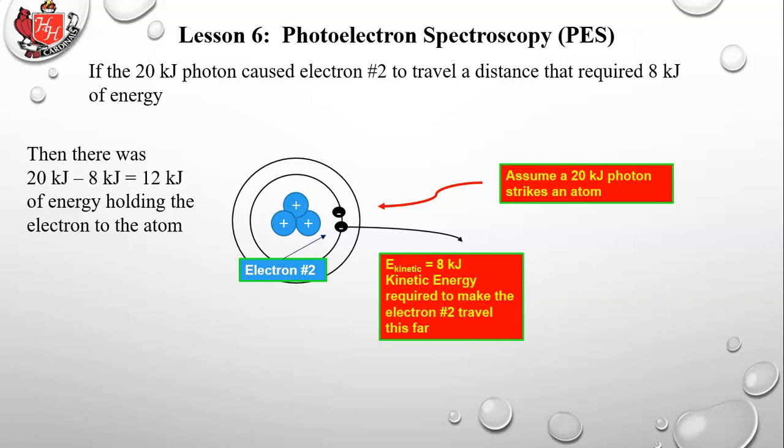The reason it's more for this electron than the first electron is that there's no screening or shielding electrons. This is a first orbital electron, so it has a much higher ionization energy than an electron in the second orbital. So 12 kilojoules is the ionization or binding energy.